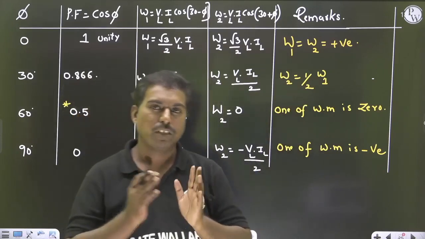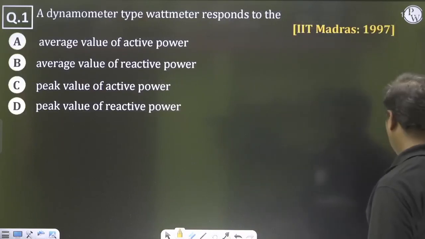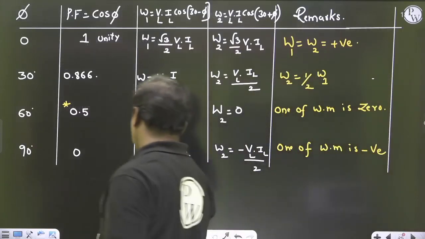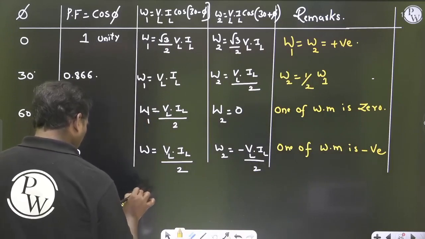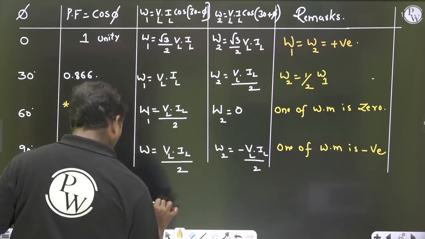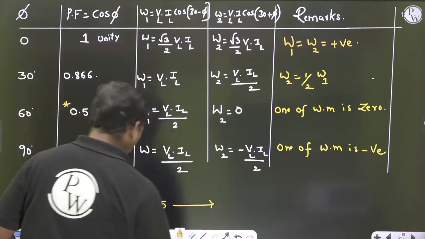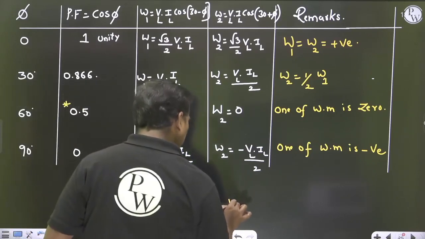Based on these conclusions, a number of questions are possible. See, what are the questions here? Suppose you take cos phi is equal to 0.5, then what is the conclusion? For 0.5, one of the wattmeter readings will be 0.